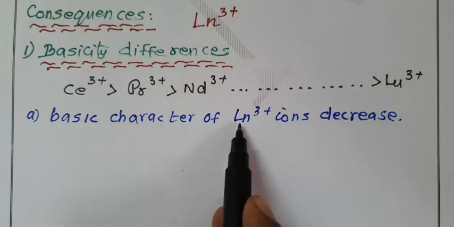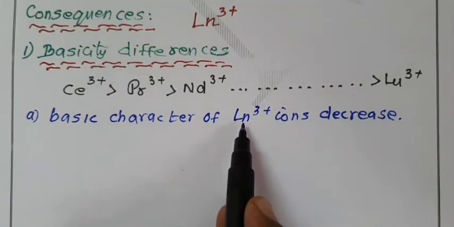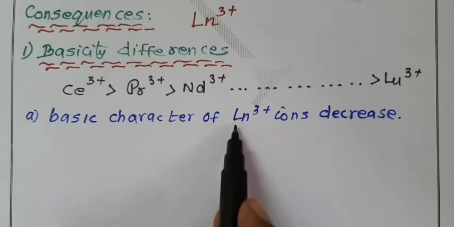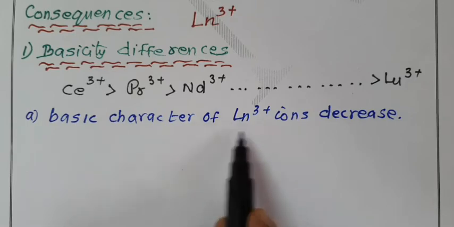Ln includes all the 14 elements. La means lanthanum, Lu means lutetium. Ln is a common symbol which includes all the lanthanoids.